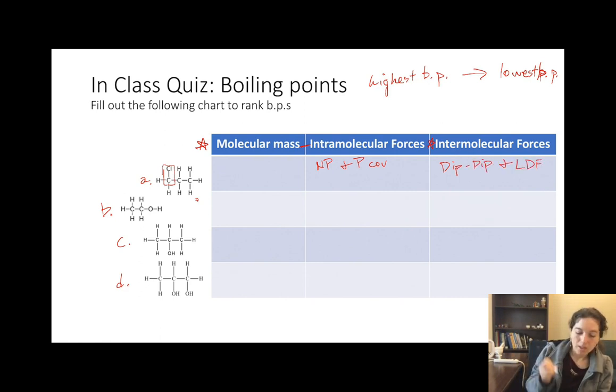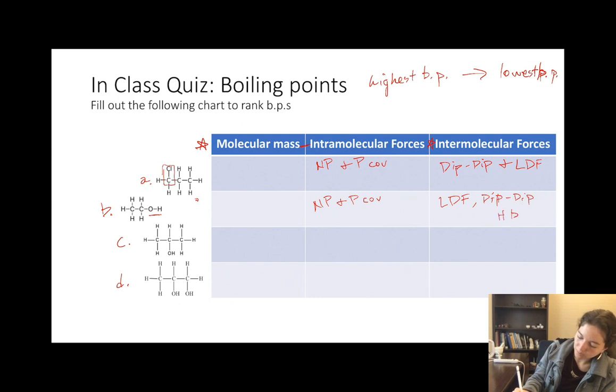So for B, we're going to have nonpolar and polar covalent. And this right here is hydrogen bonding. So we're going to have all three for this one: London dispersion forces, dipole-dipole, and hydrogen bonding.